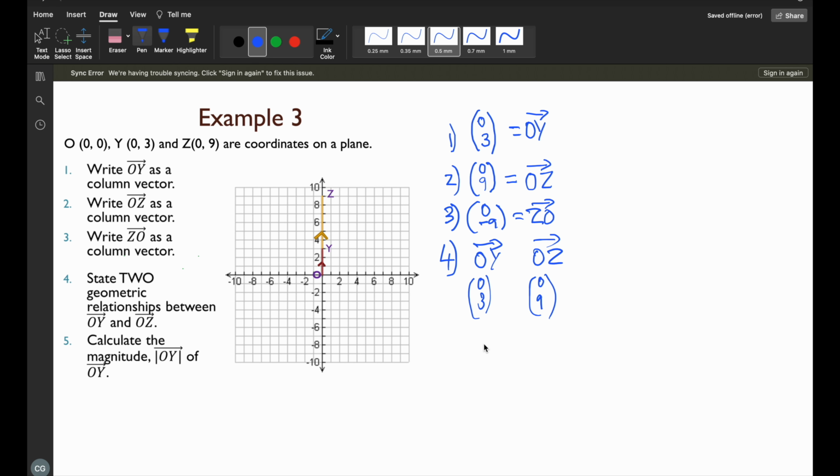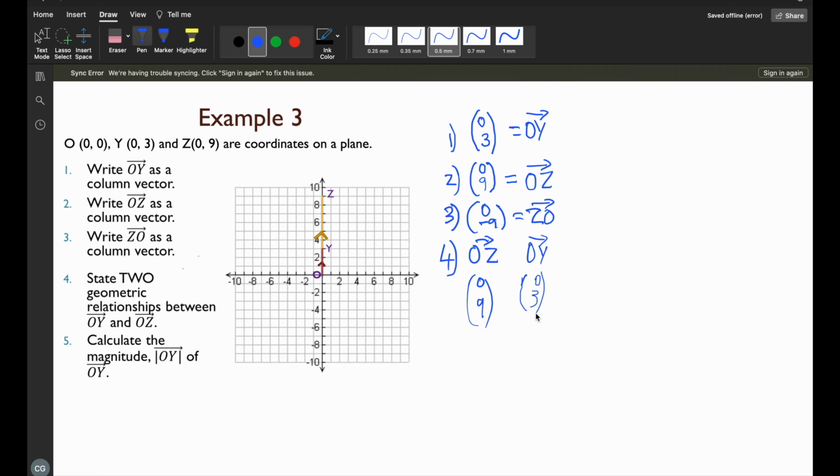Now, we usually say that we divide it like this, but this is the one case where the zeros would not work. So let me do the other way, how I like to do it. Remember I like to put the biggest number first, so OZ 0, 9, and then the OY, which is 0, 3.